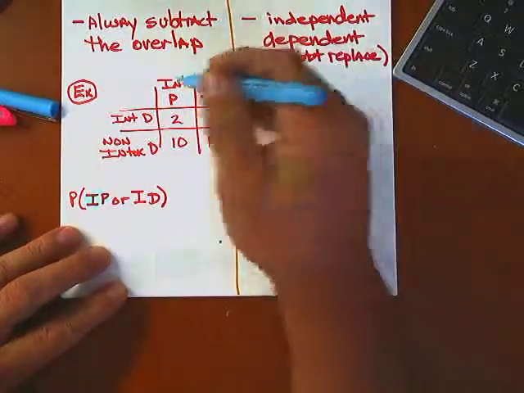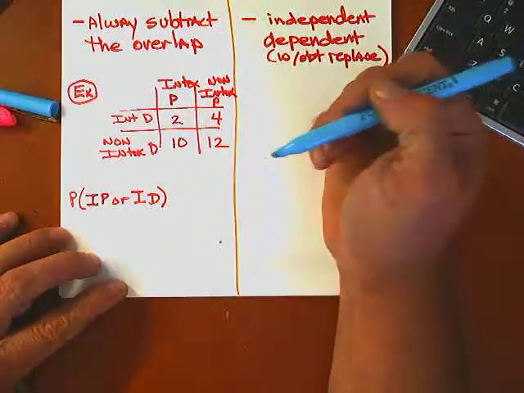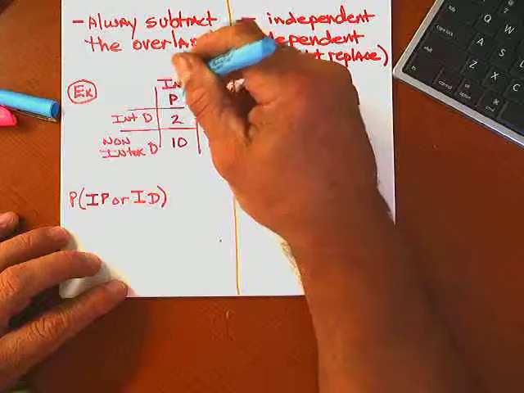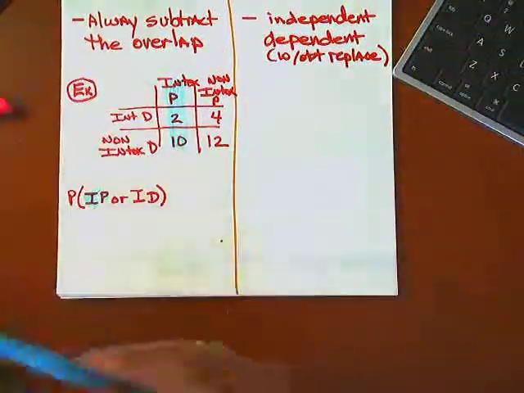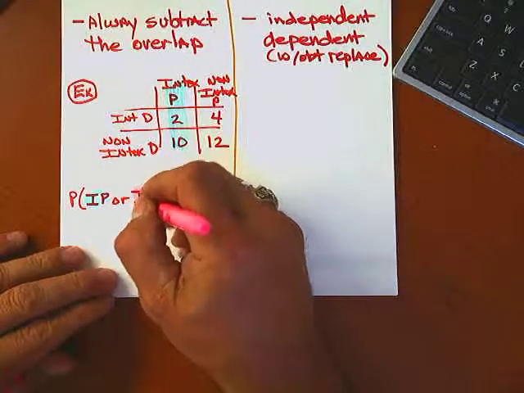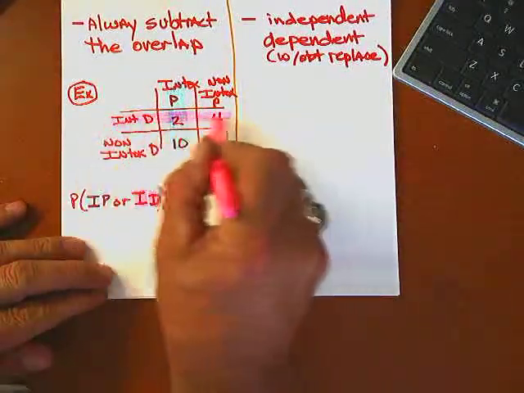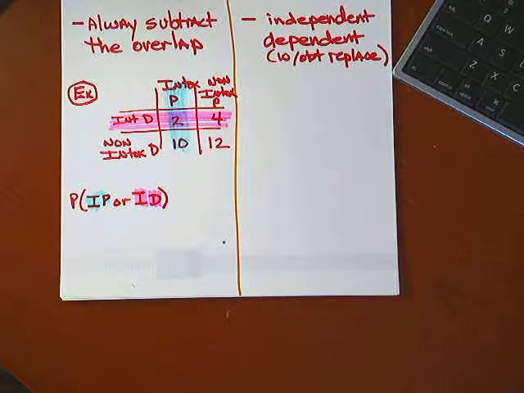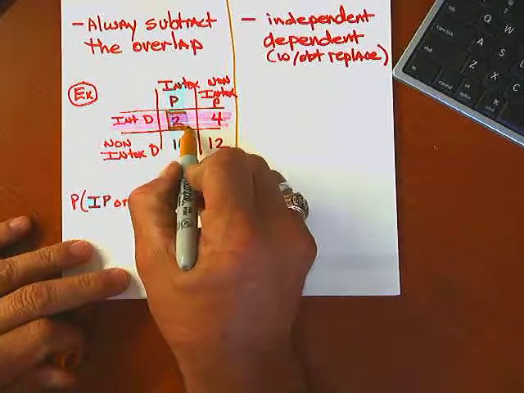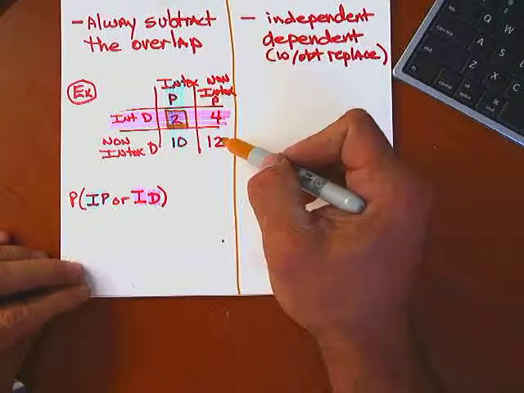Alright, the probability of an intoxicated pedestrian is right here. Hopefully you can see that blue. If you can't, I'm sorry. And then the intoxicated driver will be pink. Hopefully you can see that. Notice that we have an overlap right here. Blue and pink right there.